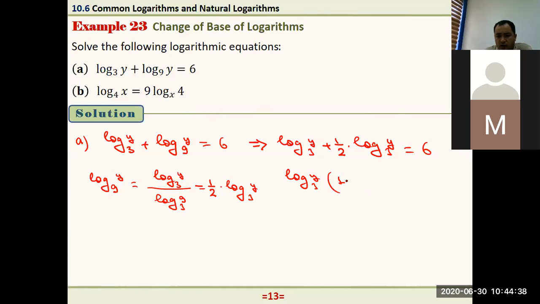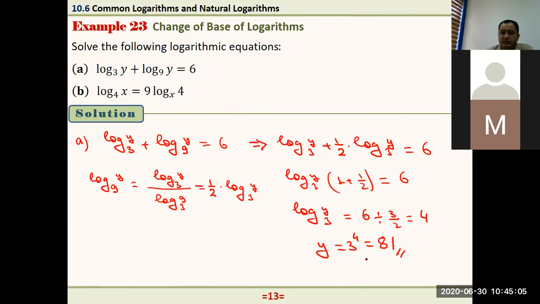Here we have 1 plus 1 over 2, that's equal to 6, right? Or logarithm of y to the base 3 equals 6 divided by 3 over 2, which is equal to 2 times 6 over 3, that's equal to 4. Now from here, what is y? Y equals 3 to the power 4, which is equal to 81. So the solution of this equation is 81.